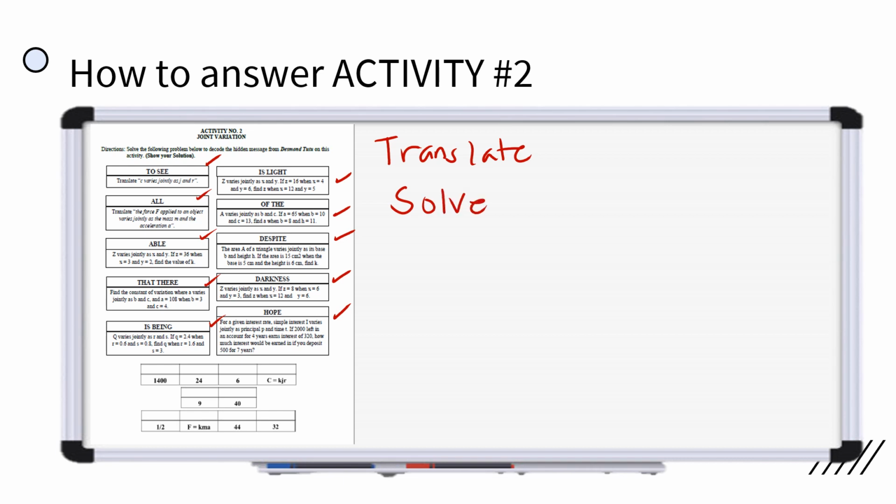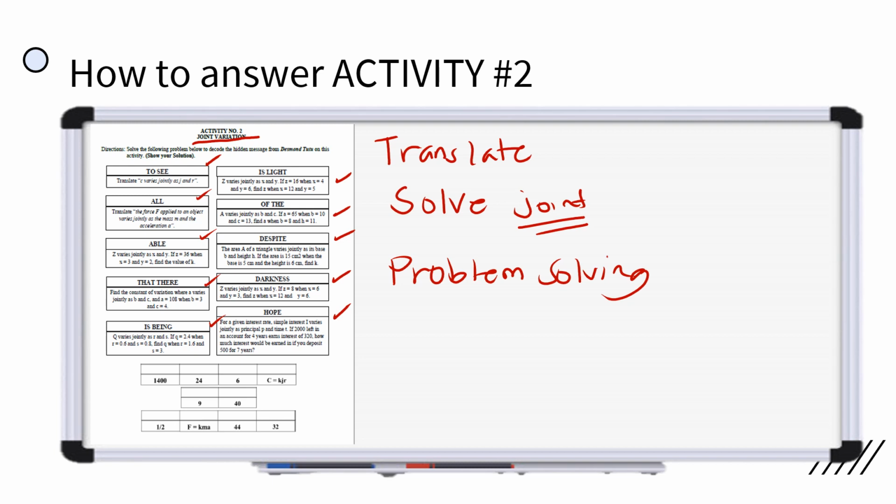Solve for, basta to po ay nakafocus lamang sa joint variation. So, joint lamang ang focus ng activity number 2. Then, meron din po ito problem solving. So, balik-balikan nyo lang po yung ating part. Halos lahat ng diniscuss natin dito magagamit nyo para ma-solve to.